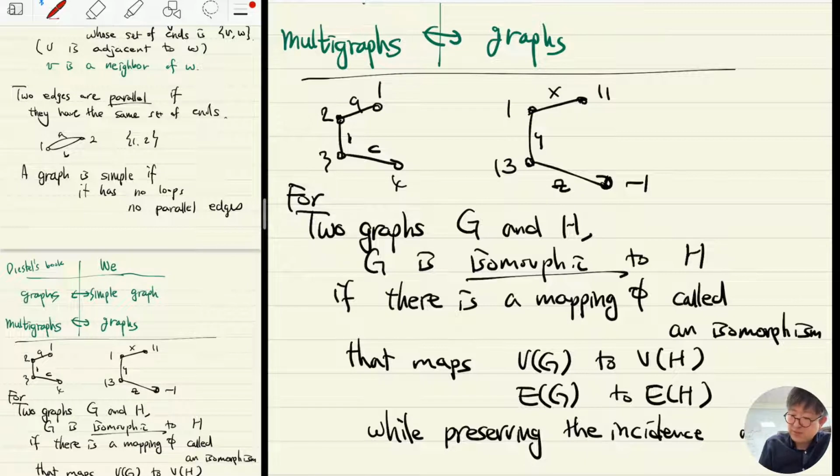Then we say that the two graphs are isomorphic. So these two graphs are isomorphic.